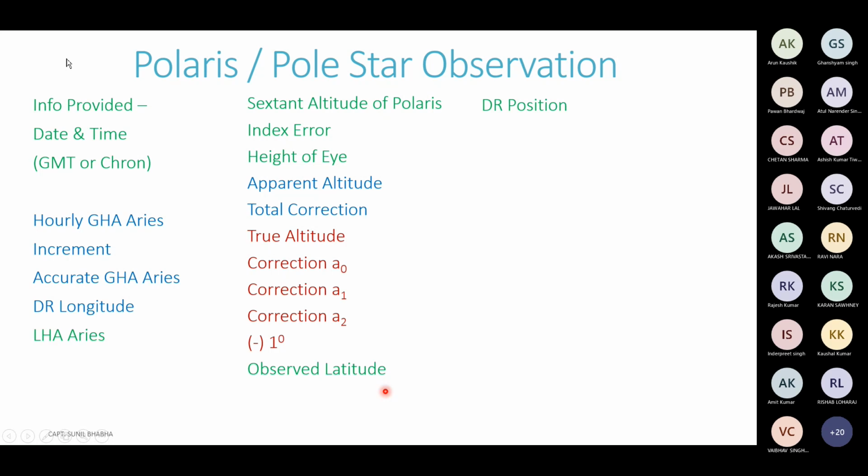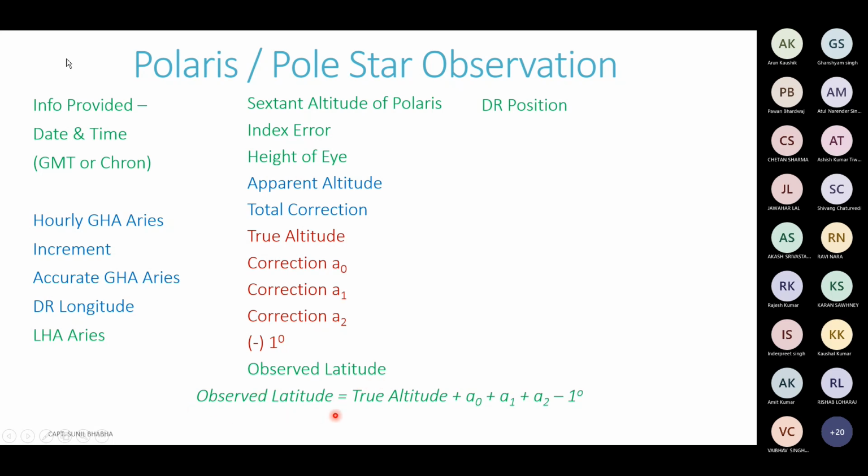So let me tell you how we find out whether it is the fixed latitude or the observed latitude, and how we draw the PL on the chart or our plot. For this, we will need to find out the azimuth of Polaris, azimuth of the pole star. So let's see how we obtain the azimuth and then the PL.